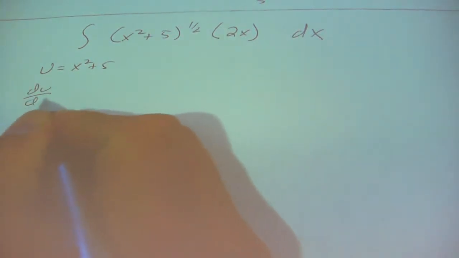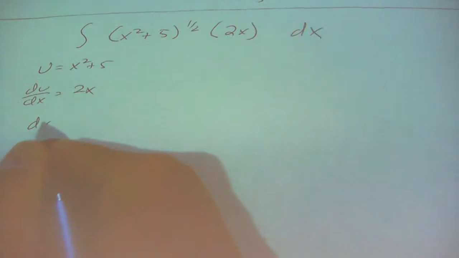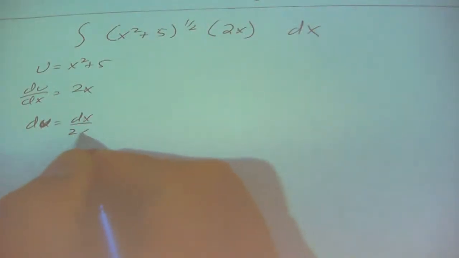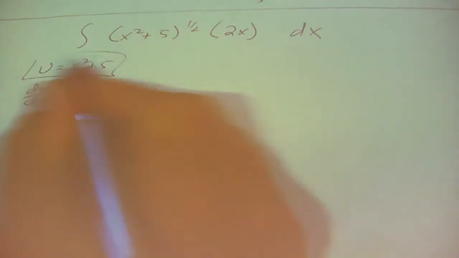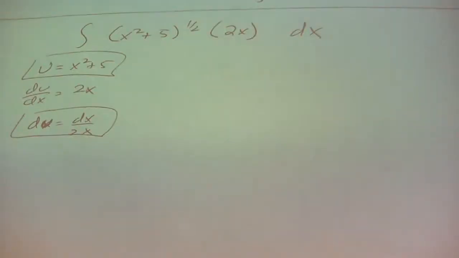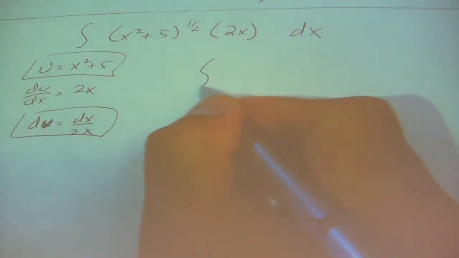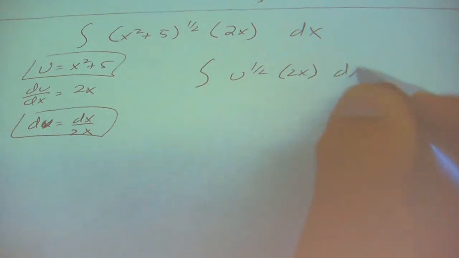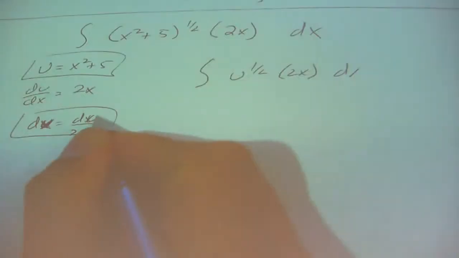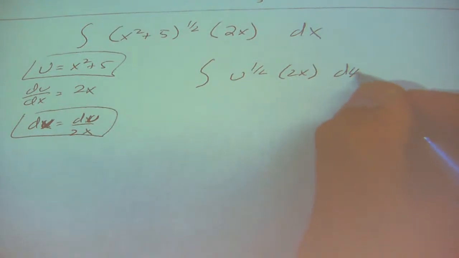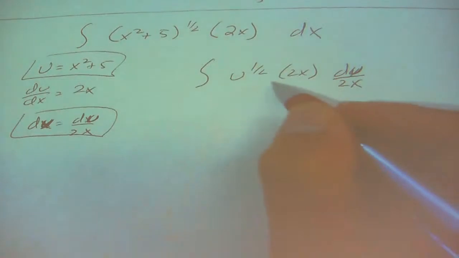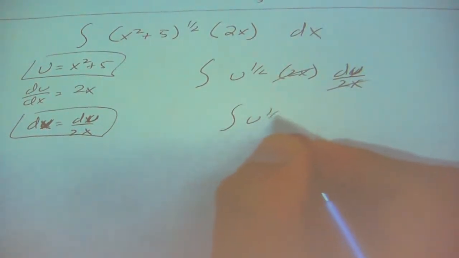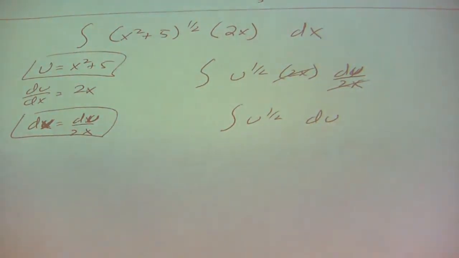The derivative of u with respect to x is 2x. So dx equals du over 2x. Questions there? So we're going to have the integral of u to the 1/2 times 2x dx, which equals du over 2x. Cross out, the integral of u to the 1/2 du.